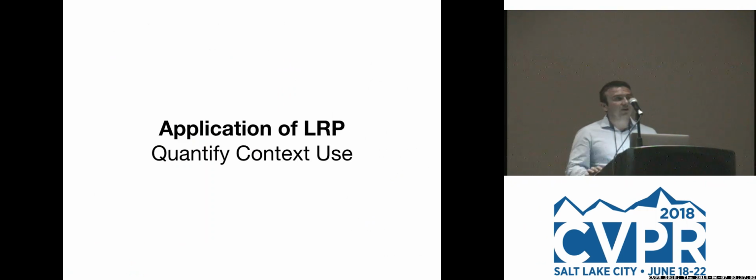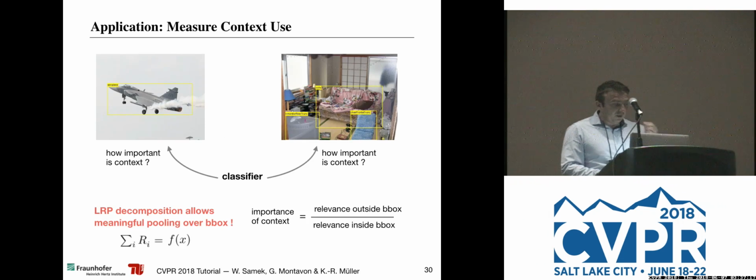Second application. So we saw that we can compare different models, but we can also quantitatively compare them. What do I mean by this? We can quantify the use of context with LRP. If you have a bounding box, for example in these Pascal VOC images, you have bounding boxes around the objects.